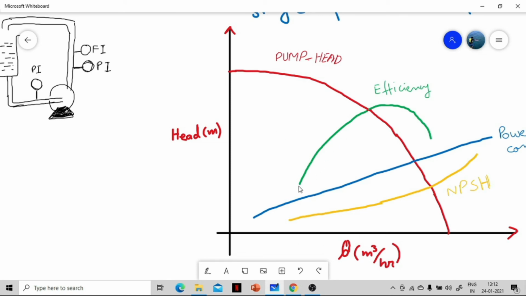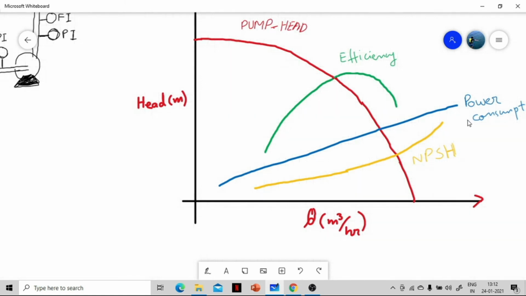On the other hand, pump efficiency increases with increasing flow rate up to a certain point, and then it decreases sharply. Pump power consumption increases continuously with increase of flow rate.